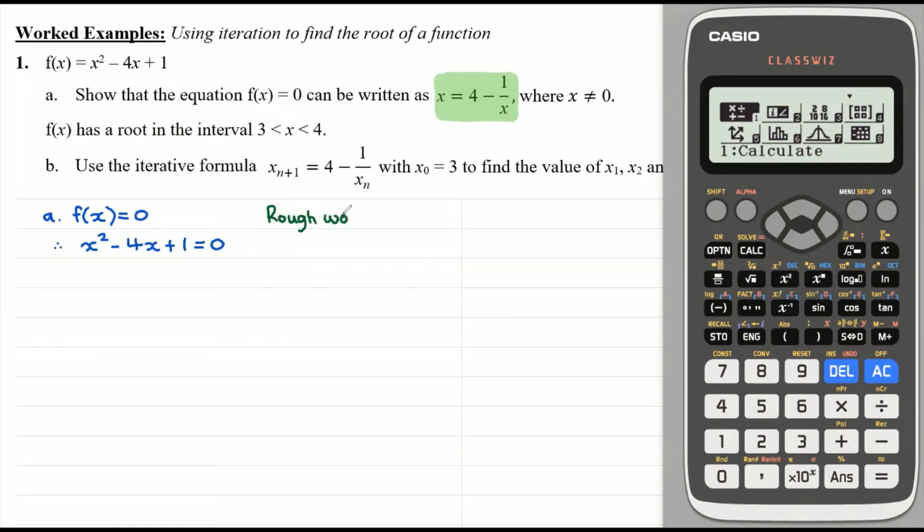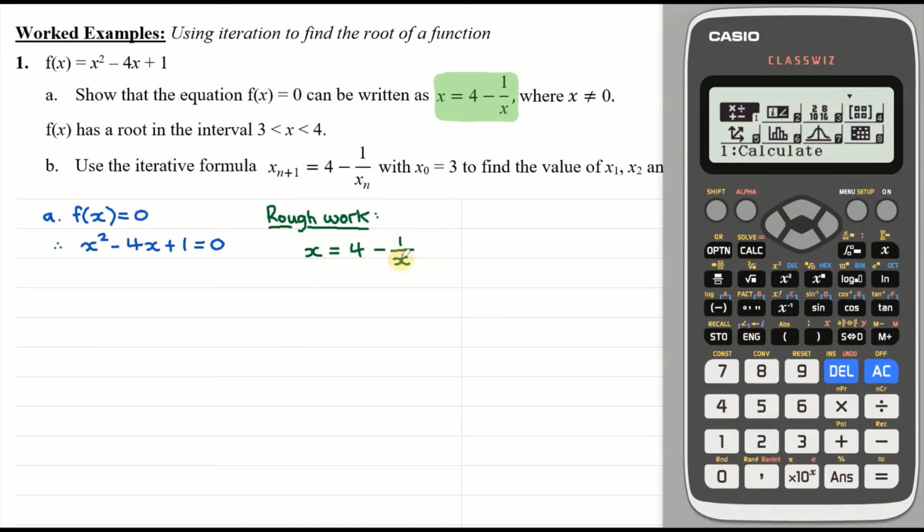So we just call this rough work and let's go backwards. If we start with x is equal to 4 subtract 1 over x, then the first thing that leaps to mind, I think, is the fact that we've got this x in the denominator on the right-hand side of the equation. I don't really want that.